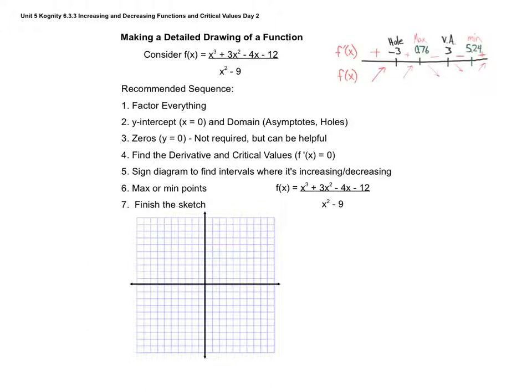So here we have the information that we saw before. Laying out this whole process, we factor everything that we can. If you recall, this one factored so that the top was x plus 3 times x squared minus 4, which was x plus 2, x minus 2. And in the bottom we had x plus 3, x minus 3.